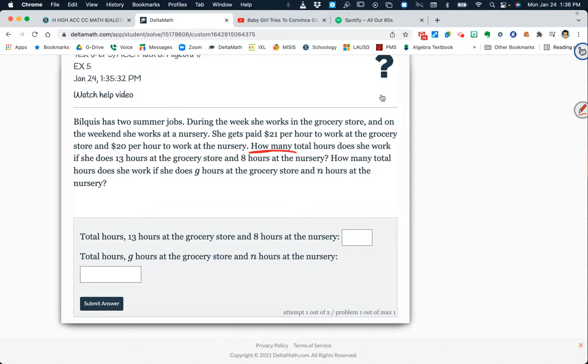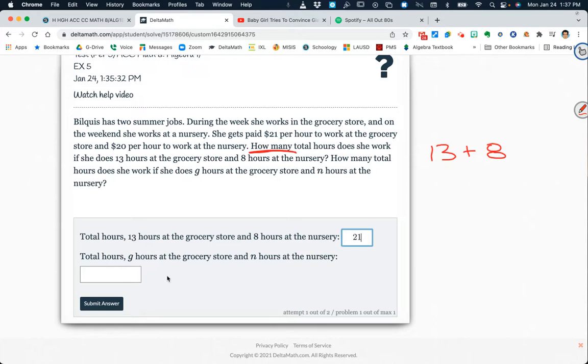Okay. So it's total hours. What would our total hours be? 13 plus 8. And that's how many? 21.